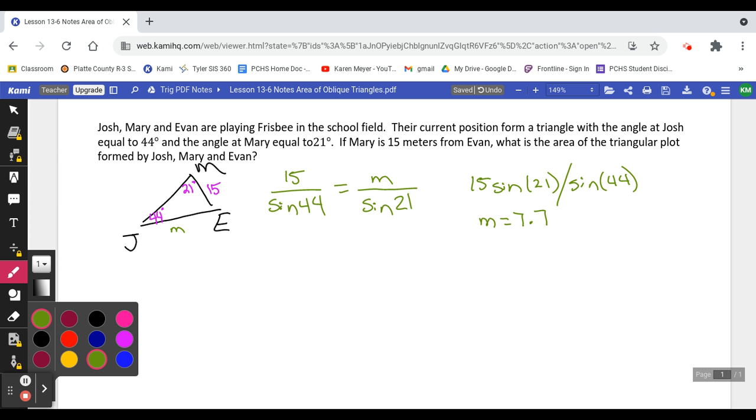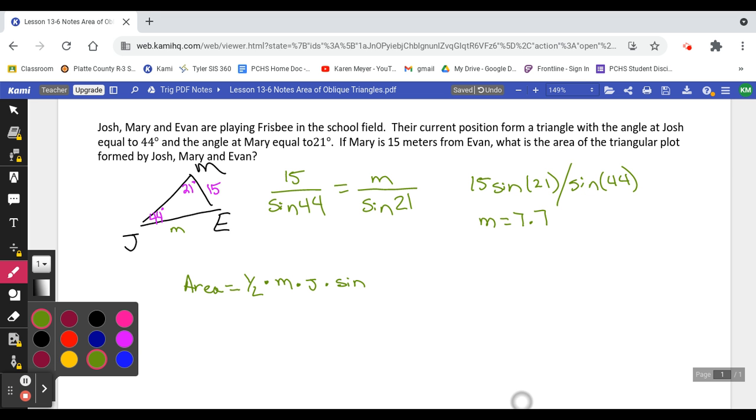So remember to use your area formula. My area formula would be 1/2 the sides I know, which would be Mary's side, the side across from Mary, and the side across from Josh. I know that, so that would be j times sine of what letter have I not used yet?